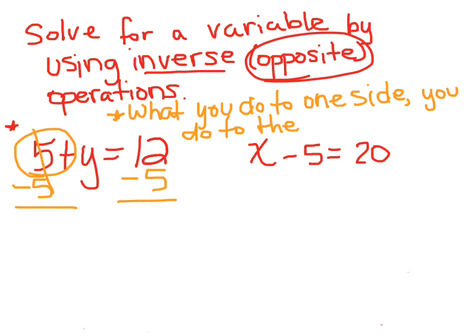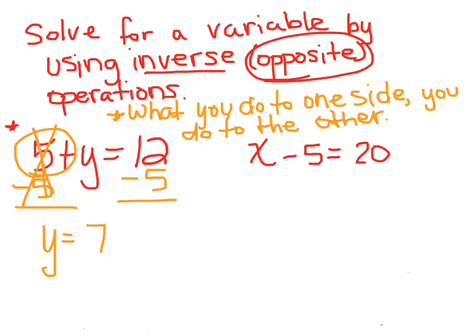It's kind of like the golden rule. That's our math golden rule. So 5 minus 5, these cancel each other out, so I'm left with a y by itself. And then 12 minus 5 is 7. So that means y equals 7.